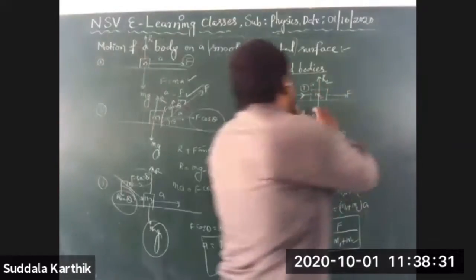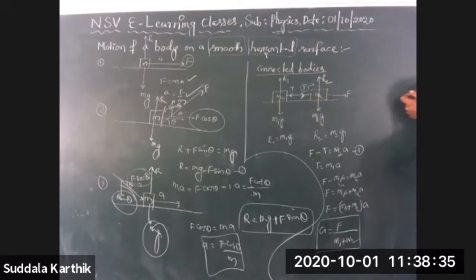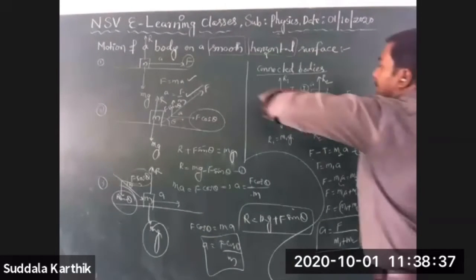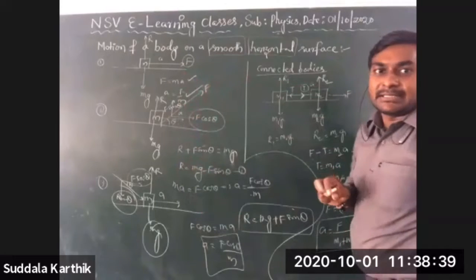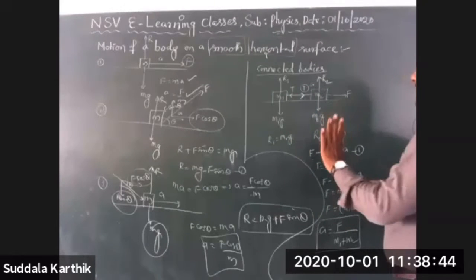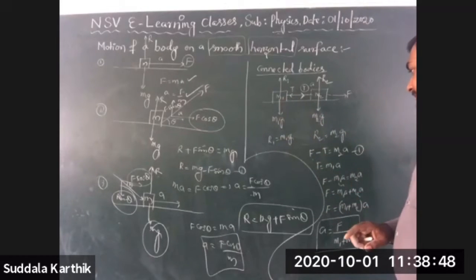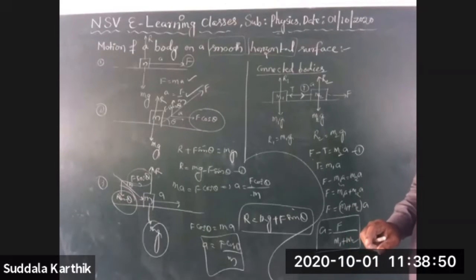Right now I attach one mass to the string. Definitely it is moving in this direction, and the tension is developed in the opposite direction. The same tension T is developed in both, and mass m1 is there and m2 is there.